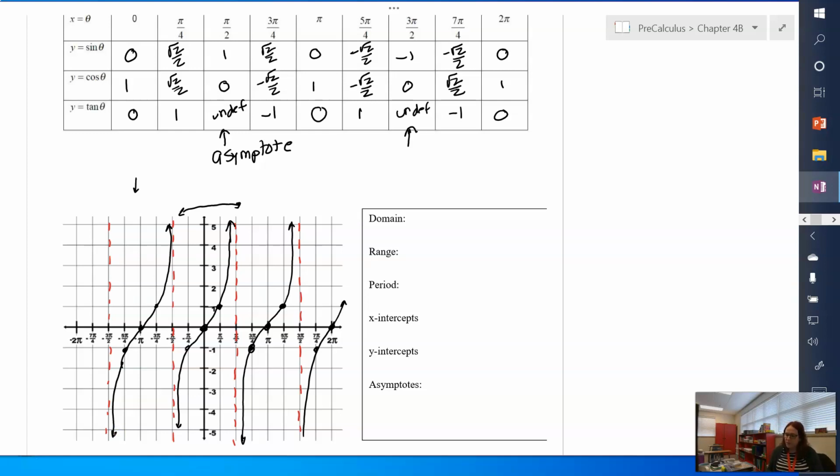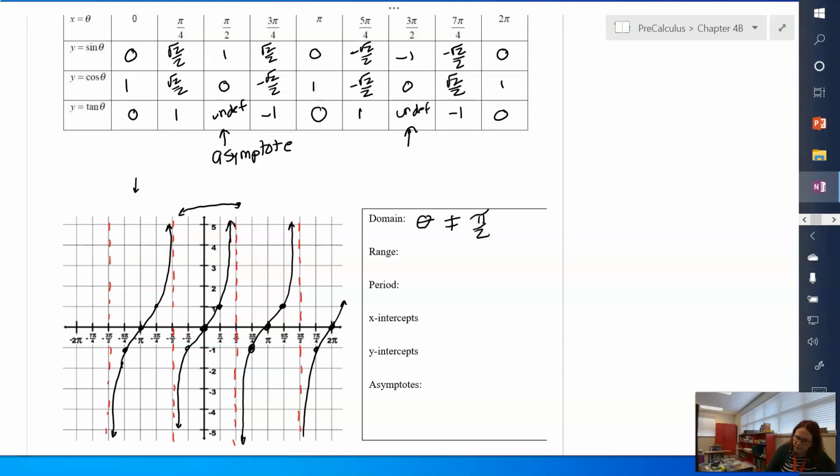And let's go ahead and fill in some information about this tangent graph. First of all, the domain. That's the x's, or in this case, thetas. I'm not allowed to have it anywhere there's an asymptote. So my domain is going to be theta is not equal to, well, it can't equal pi over 2.